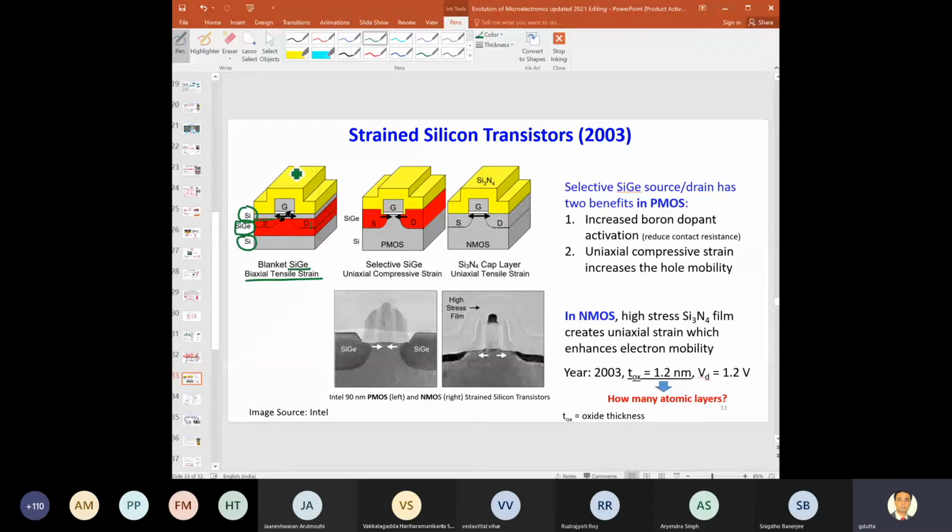This strain is not that useful for us, so we go for selective silicon germanium with uniaxial compressive strain. That means we make only the source and drain using silicon germanium, right? Then a compressive strain comes into the channel, a uniaxial compressive strain.